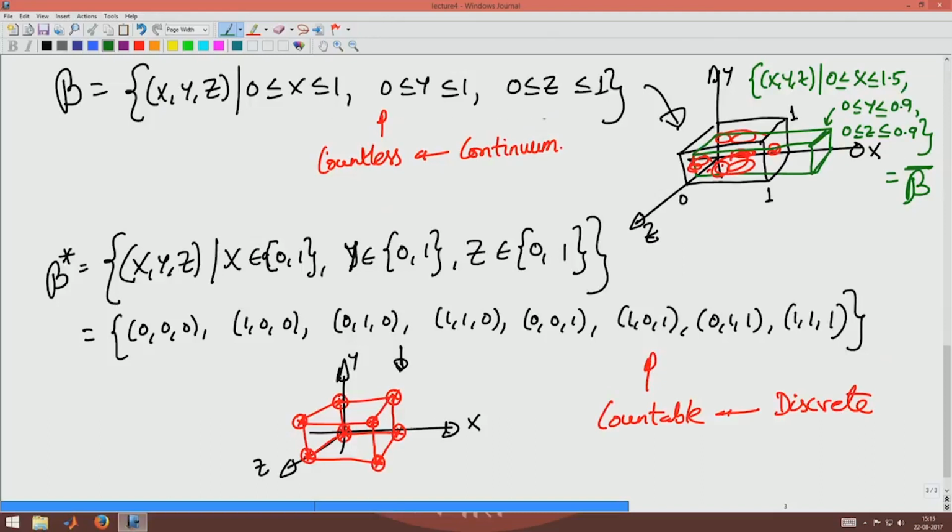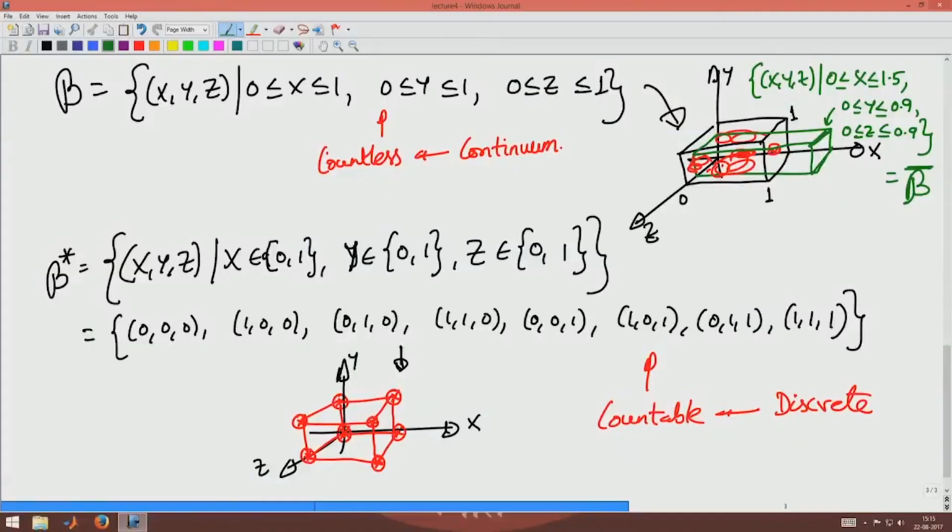What was a unit cube now becomes a cube of volume 0.81 into 1.5. Okay. So, what we mean by a 1 to 1 mapping is that each element of the set gets mapped on to one element in the range of the mapping. Okay. But you have to recognize the difference between a countable and a countless set.